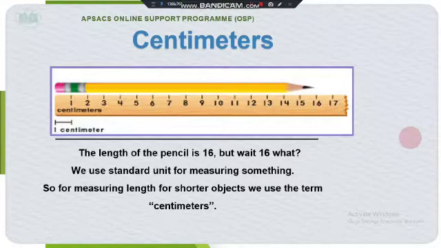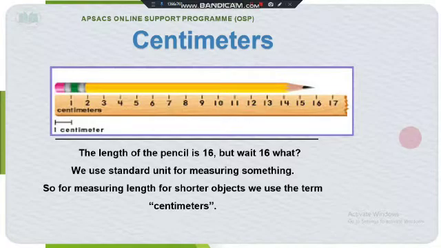When you go to the milk shop and ask him to give you two what? Milk. Will you ask for 2 milk? No, you will ask for 2 liters or 2 kilos of milk. So these are the standard units which are used along with the numbers to say what you are asking for. So centimeter is the standard unit for measuring small or shorter objects.